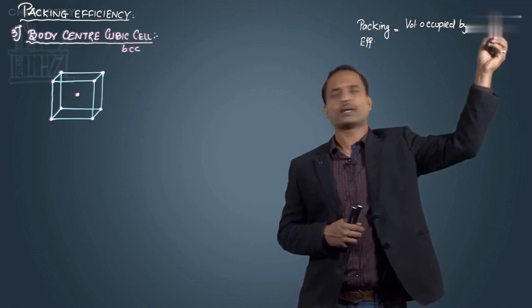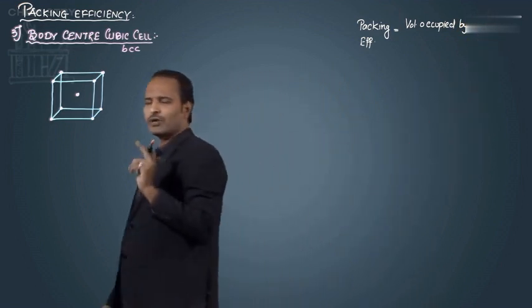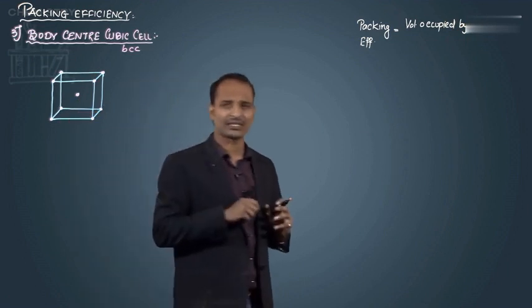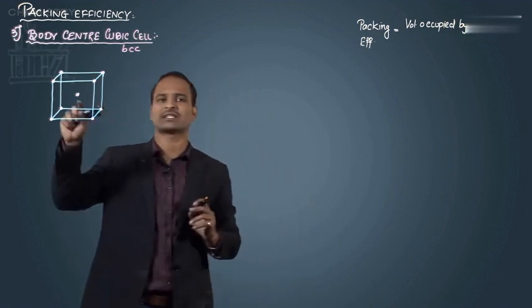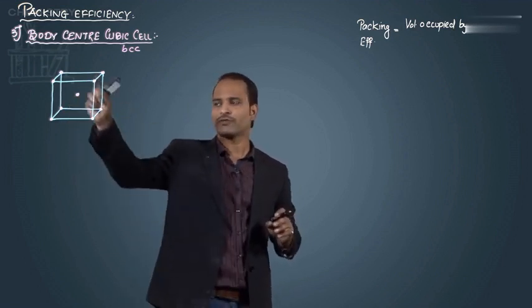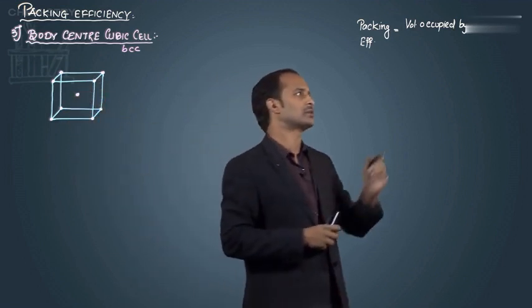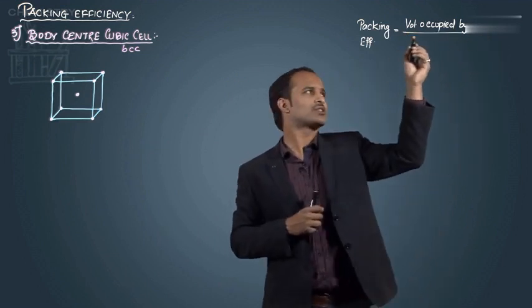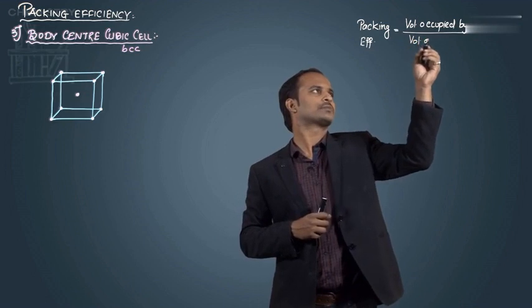The two particles are 1 by 8 from 8 corners, so we get one particle from the corner, and there is one particle present exactly at the center. The particle at the center is not shared by other unit cells, so it's totally present in the same unit cell. So one from the corner and one from the body center. So the volume occupied by two atoms which are spherical in shape upon the volume of unit cell.